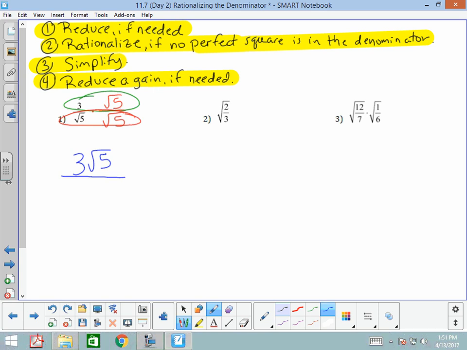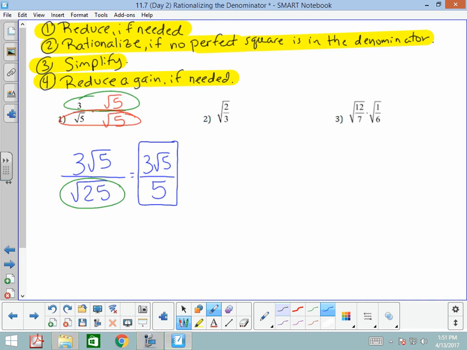So square root of 5 times square root of 5 is square root of 25. Now, before I reduce, I want to simplify. So 3 square root of 5 won't simplify anymore, but the square root of 25 is 5. So this is my rationalized, simplified answer.